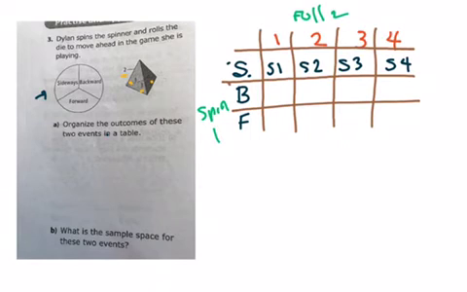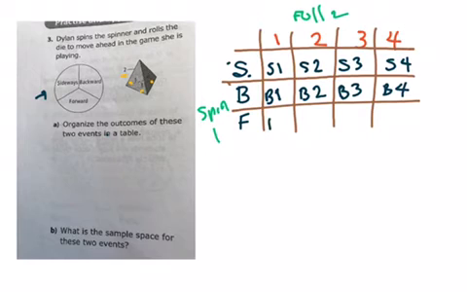Now, let's do backwards. So we could have backwards and a roll of 1. We could have backwards with a roll of 2, backwards with a roll of 3, and backwards with a roll of 4. Okay? And then the next one is forward.